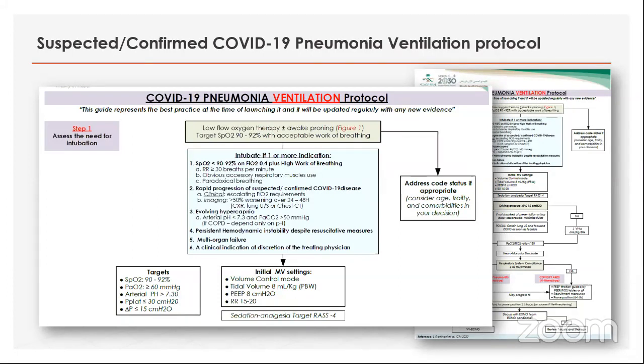And you heard before about patient self-inflicted lung injury, and this is very important. So we selected awake proning here only because we feel that it's safe, mainly for the staff, and we did not put other NIV, CPAP, or high flow nasal cannula in the standard protocol, because we feel that this needs special precautions, and they will be discussed case by case according to the treating team.